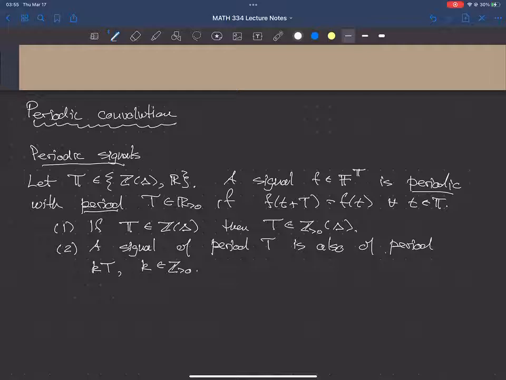Okay, and so the smallest period is often taken as the period.